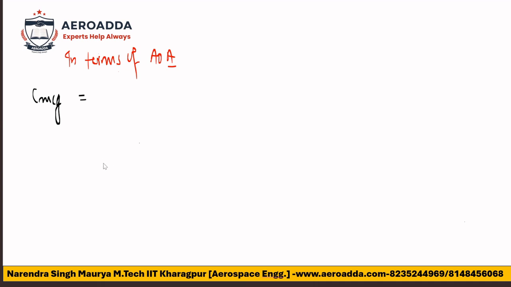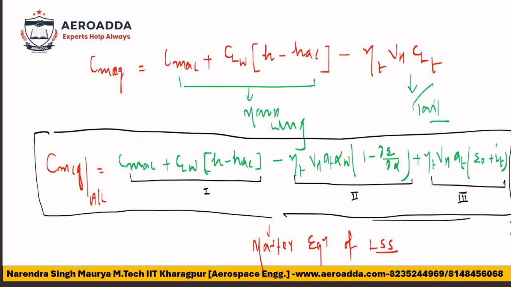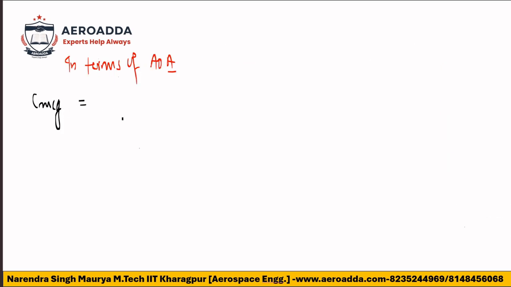So what will be another format in terms of the angle of attack? You will write here CMCG of aircraft, instead of CLW, you can write AW into alpha W. So CMAC plus CLW, and CLW you can write as AW into alpha W.